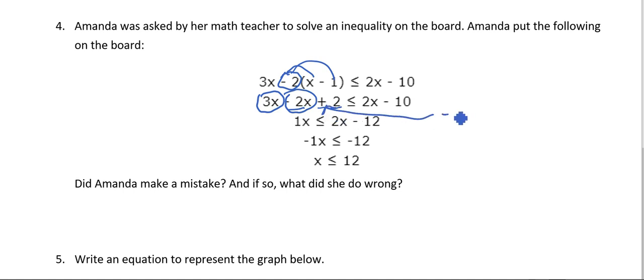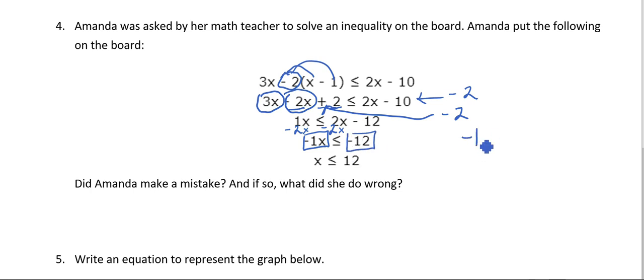She subtracted 2 here and subtracted 2 from the negative 10. So far, Amanda's doing everything correct. The next step that she did, it looks like, is she subtracted 2x from both sides. So by subtracting 2x on both sides, that gave her negative 1x is less than or equal to negative 12.